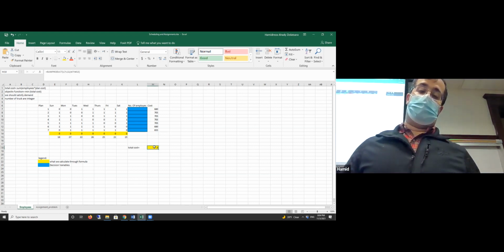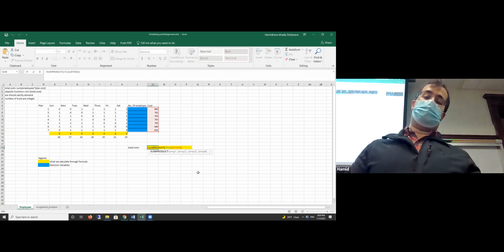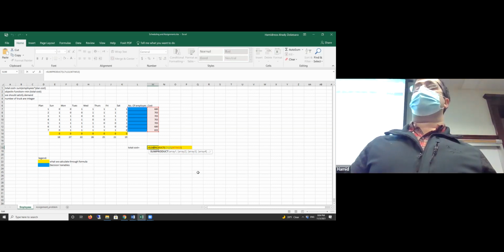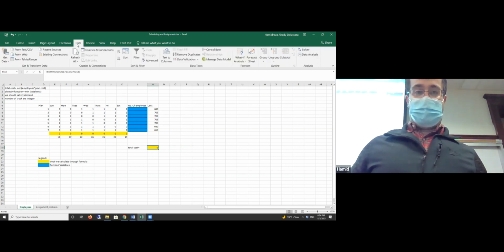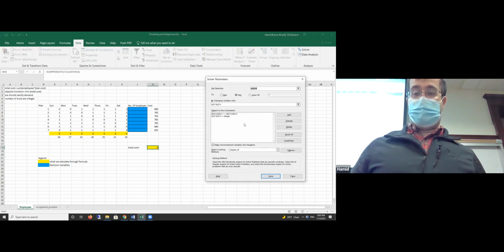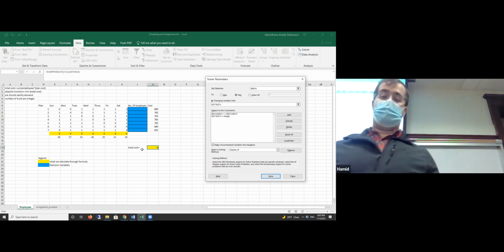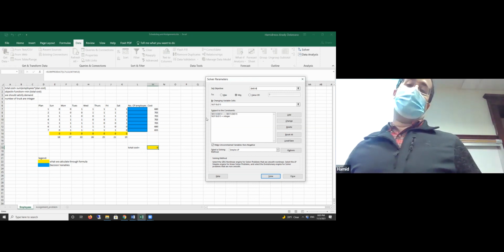Objective function, or total cost, is very straightforward: the cost of those plans times how many of those plans are selected. Let me go to the solver. So first of all, the objective function is M18, just multiplication of cost times decision variable. My decision variables are L7 to L13.